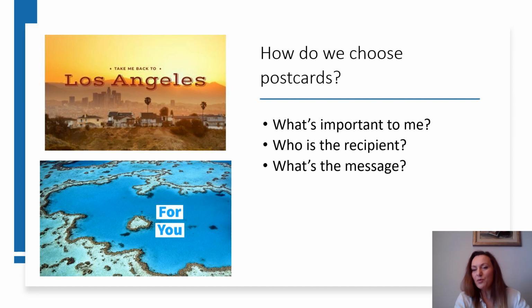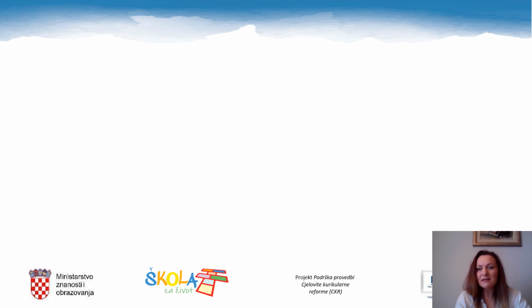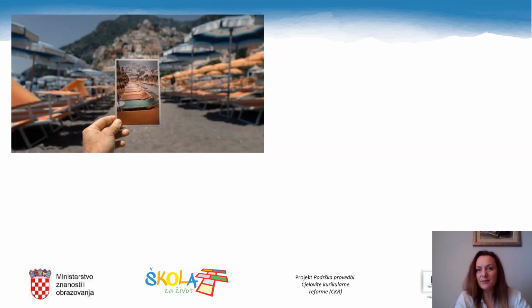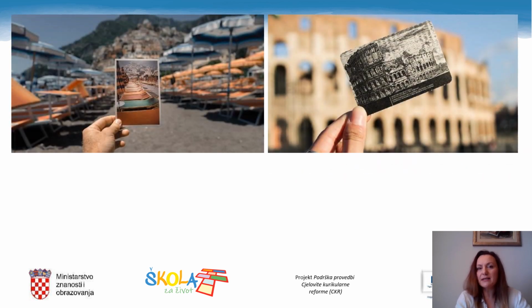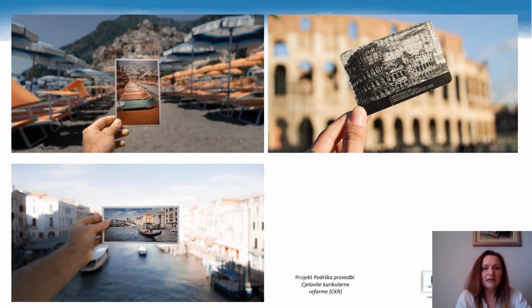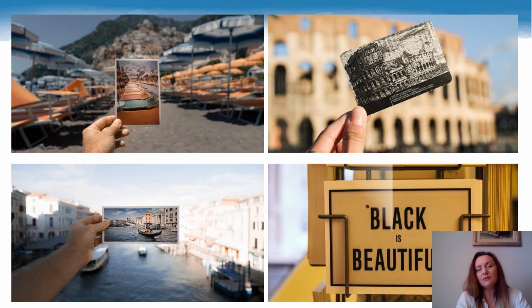By that I mean, what is the message of the image on your postcard? The message isn't only what you write. The image of your postcard also has some kind of message. It tells what you like, what is very special to you, and what you feel about the person you are sending the postcard to.